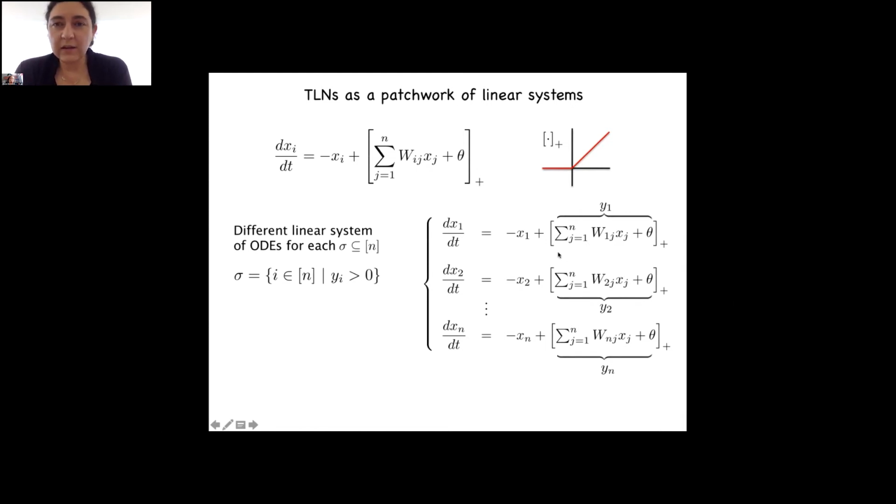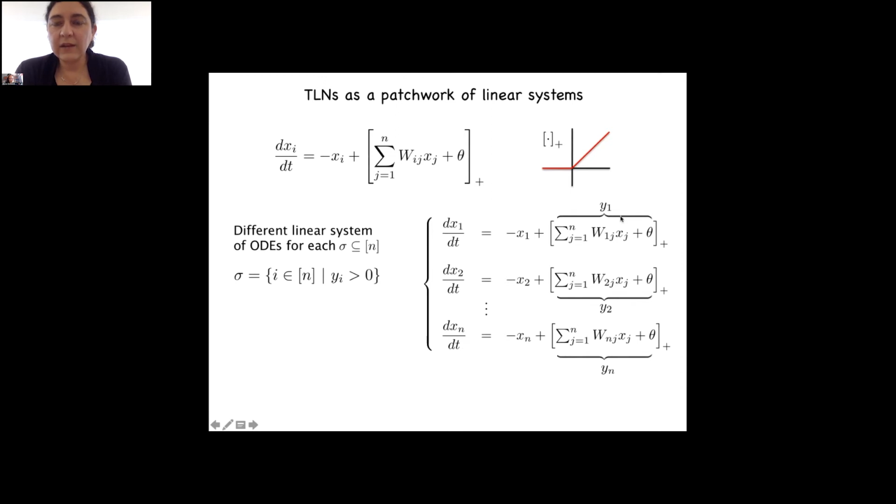So in other words, every equation can be written in this way where you see immediately the switching is going to happen when y sub i equals 0. That's when you're going to switch from the positive to the minus side. And y sub i equals 0 is determining a hyperplane whose normal vector is given by the ith row, or in this case, first row of the W matrix, and then there's a shift given by the theta term.